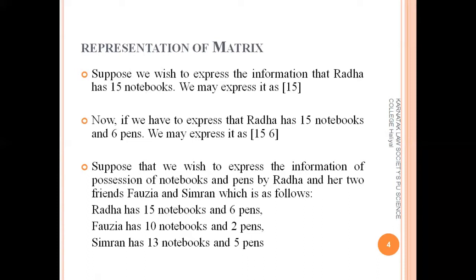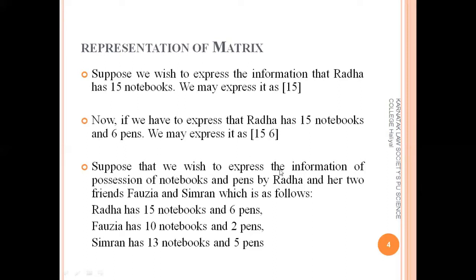The number inside these braces indicates the number of notebooks that Radha has. Likewise, if we have to express that Radha has 15 notebooks and 6 pens, we may express it as [15 6], with the understanding that the first number indicates the number of notebooks that Radha has and the second number indicates the number of pens possessed by Radha.